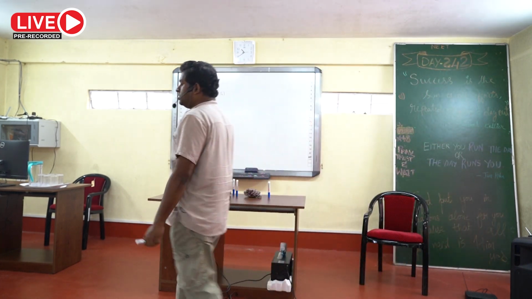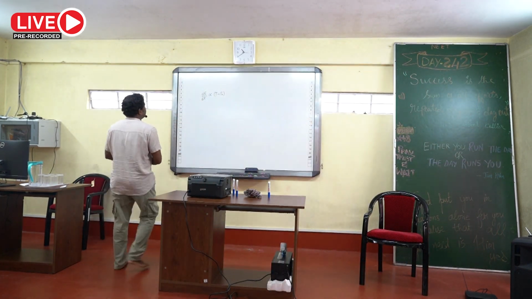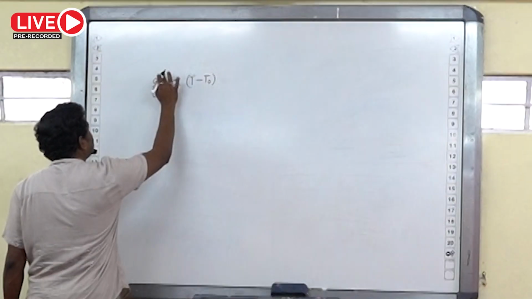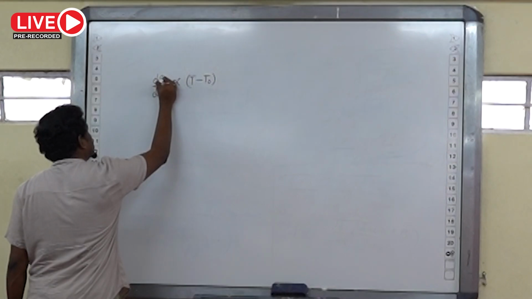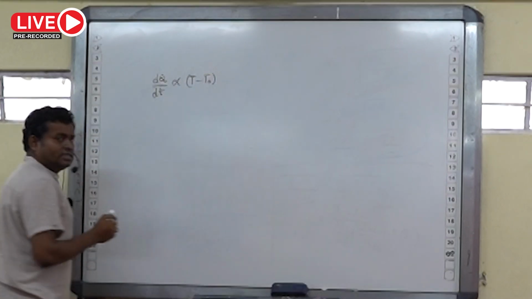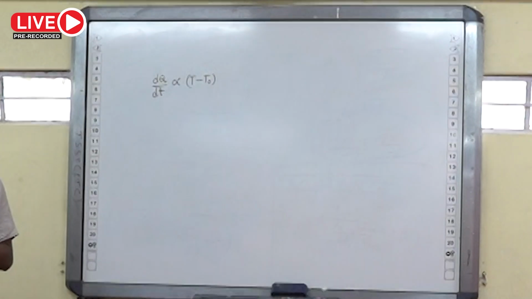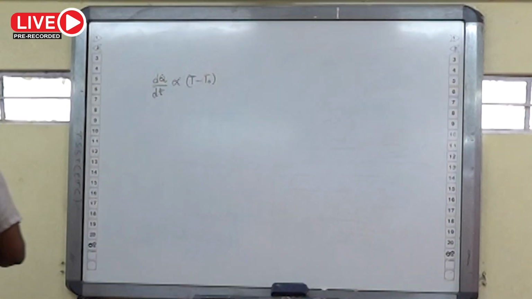Then to write this in the form of an equation, better not to write E, write Q, because you are familiar with this from thermodynamics, that Q is the heat.